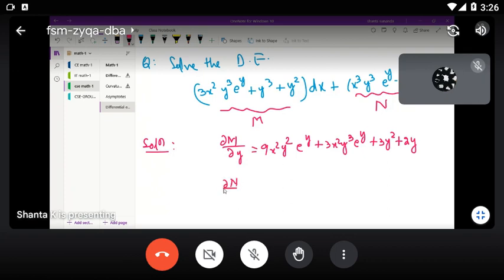Similarly, del n by del x: 3 x square y cube e power y minus y.